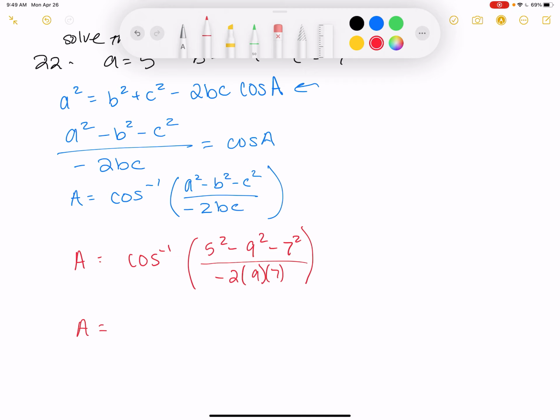It's like negative 105 divided by negative 126. It's like point something. A is 34 degrees. Okay.